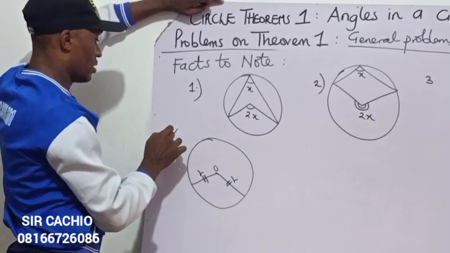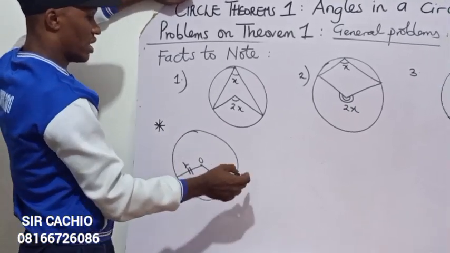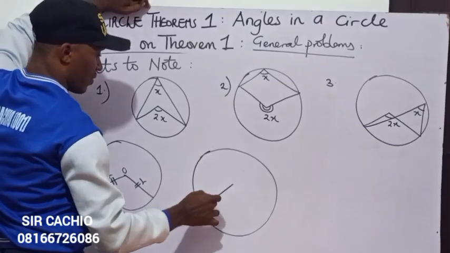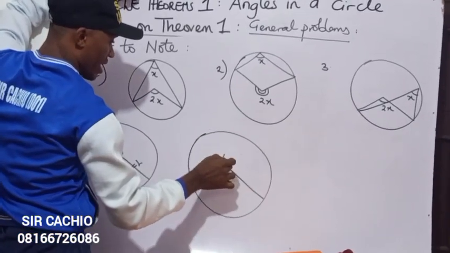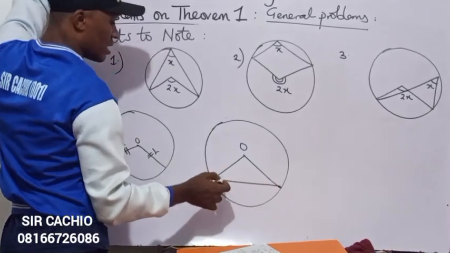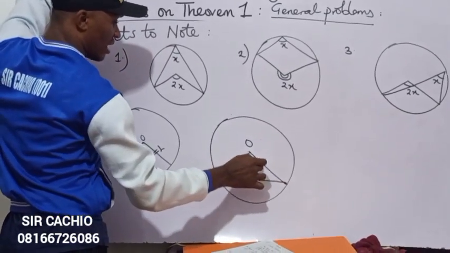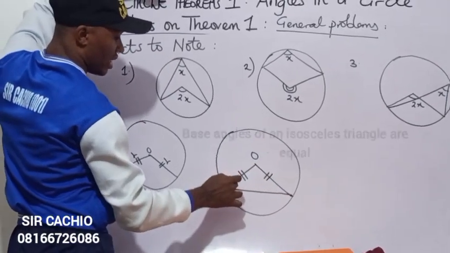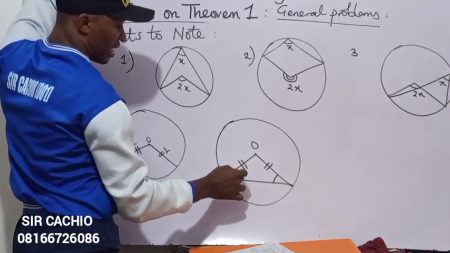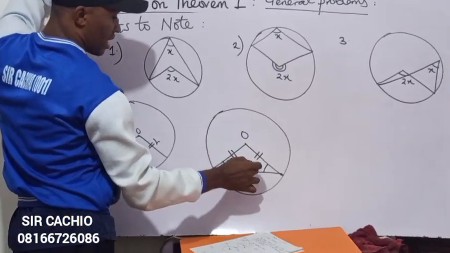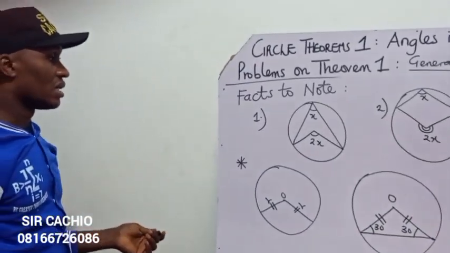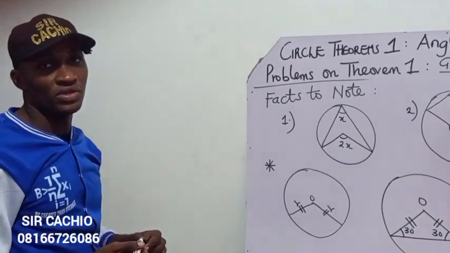Then also, if you are given a circle and you have a triangle where here is the center, this triangle is always an isosceles triangle where these base angles are equal. So if I have 30 here, it means that here must be 30 because the base angles are equal. This is a fact you need to note.